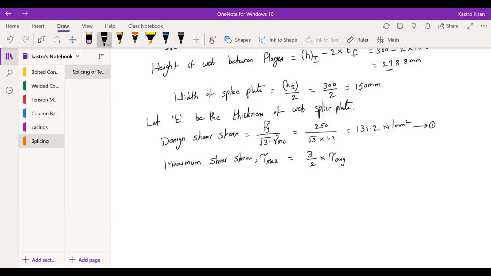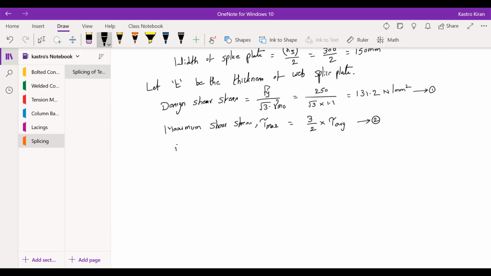Okay, so from this, let's equate these two values. Consider this as equation 1 and this as equation 2. So if you equate 1 and 2, the first equation is 131.2 equals 3 by 2 of average shear stress. So how will you find out the average shear stress?